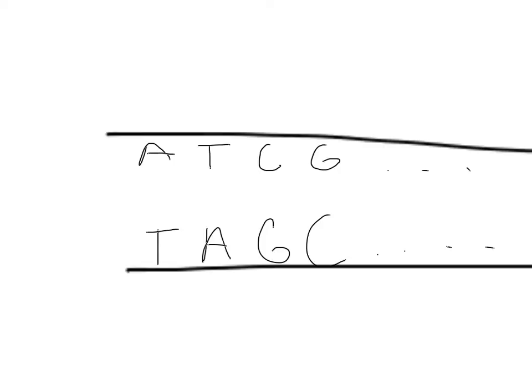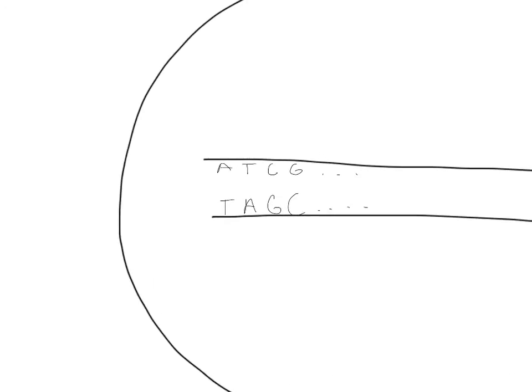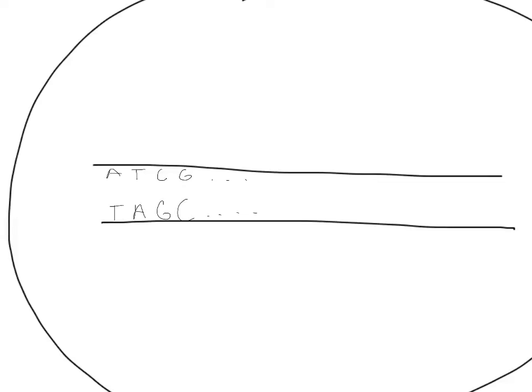So what happens during DNA replication? Well, it's very simple. Instead of having just our normal DNA with our two strands, we open those two strands up. So we've still got our A, T, G, C, G, T, A, A, for example.